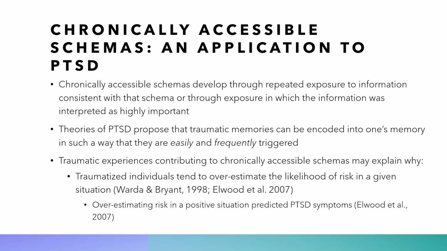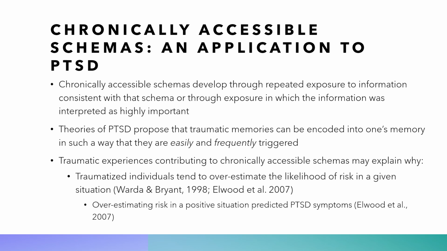What was interesting was that in the study, they were asked to estimate the likelihood and increase of risk for negative situations, neutral situations, and positive situations. And so they found that traumatized people were estimating higher levels of risk in positive situations compared to non-traumatized people.